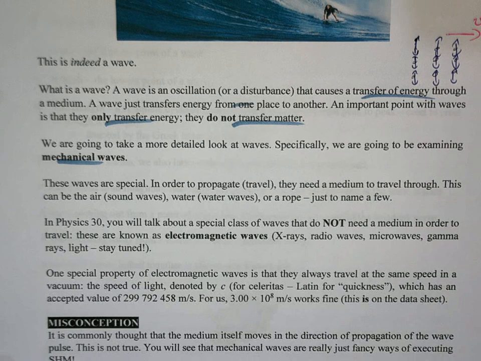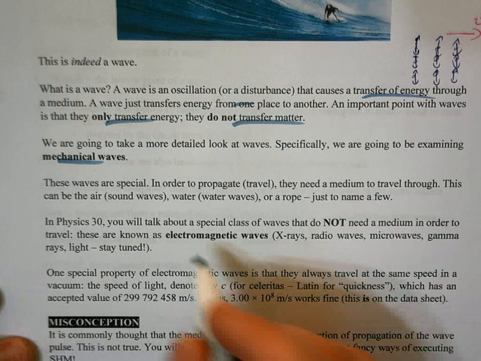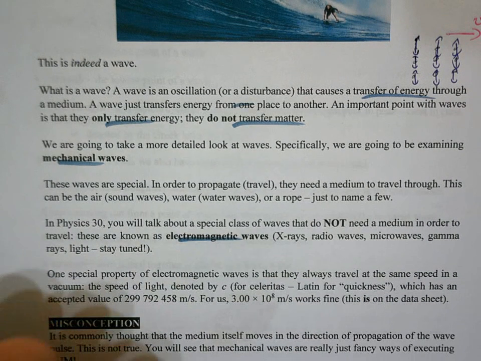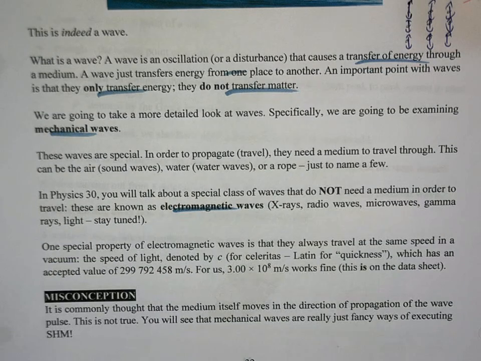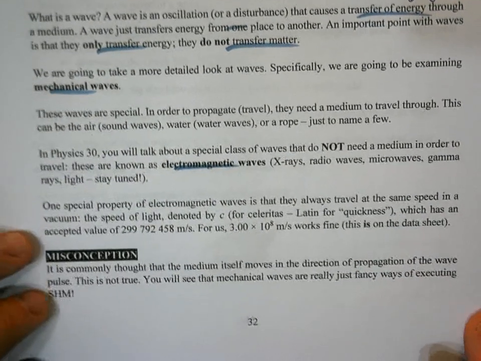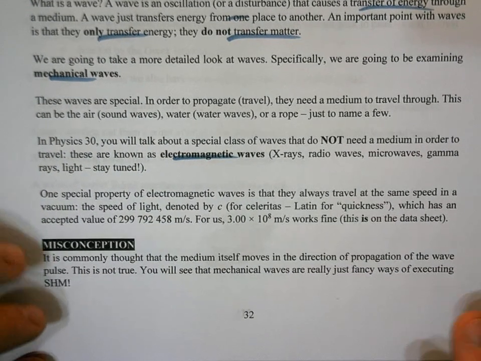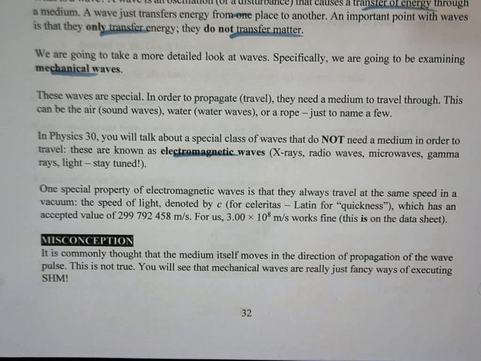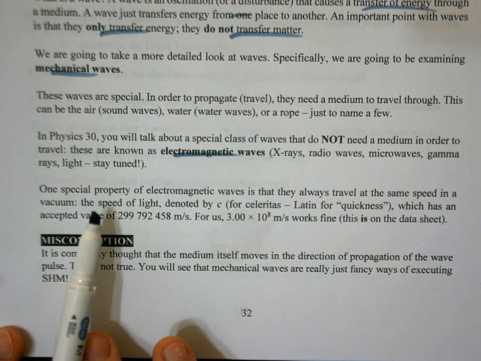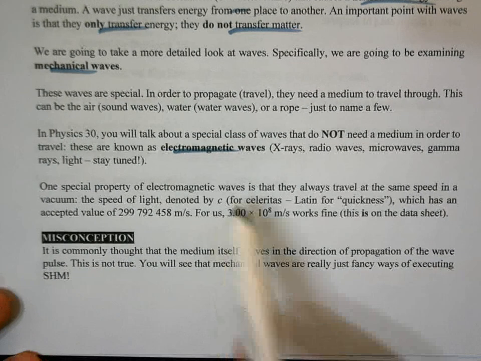In Physics 30, if you take that, you're going to talk about a special class of waves that do not need a medium to propagate. These are what we call electromagnetic waves. So things like light, X-rays, gamma rays, all those fun things, fall under the electromagnetic radiation spectrum. What's special about electromagnetic waves is that in a vacuum they always travel at what we call the speed of light, which we denote by little c.